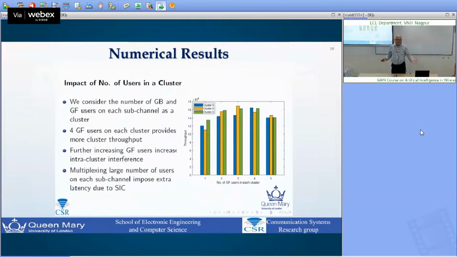At the same time, we can't reduce them too low, because we want the sum throughput of both. In these numerical values, we found that with grant-free users not too high and not too low, in between, we get a higher sum rate compared to the other numbers.